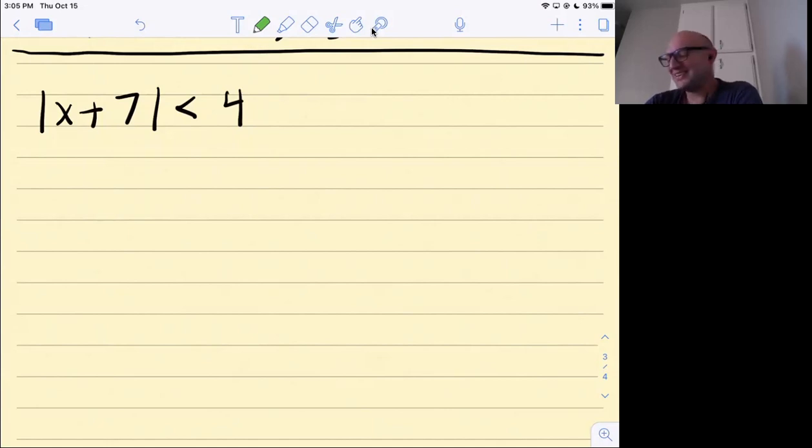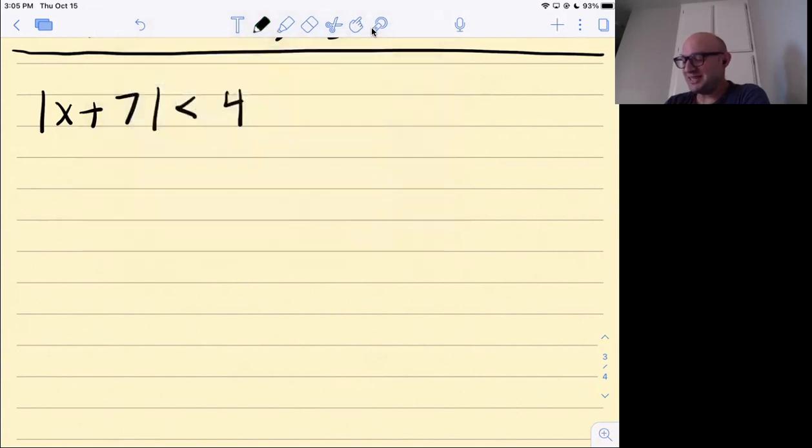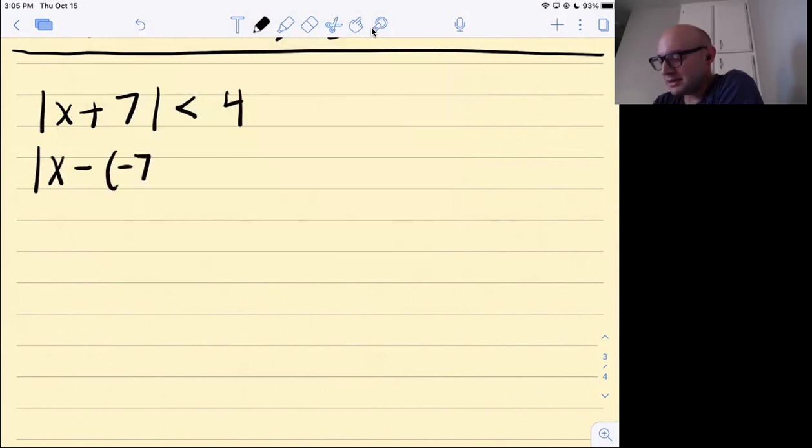Excellent. So in math, we do have this idea that if you see a plus sign, you can replace it with two negatives. So you can write it as x minus -7. And I'm not changing overall any negative sign on the whole thing, just replacing a plus sign with minus minus.